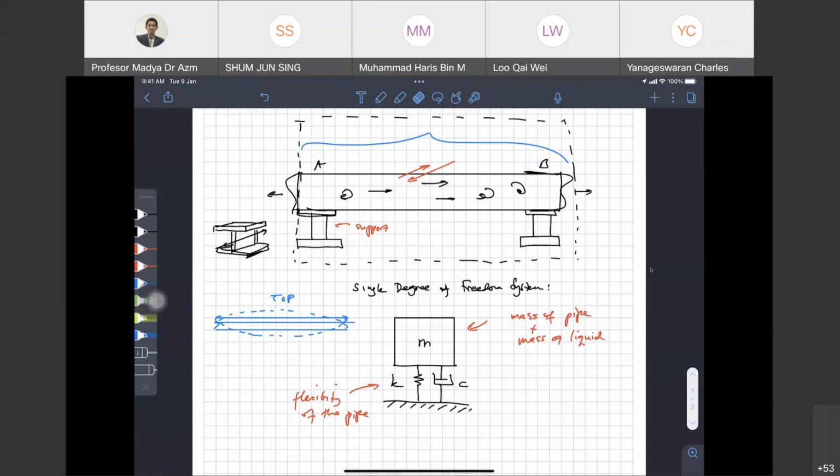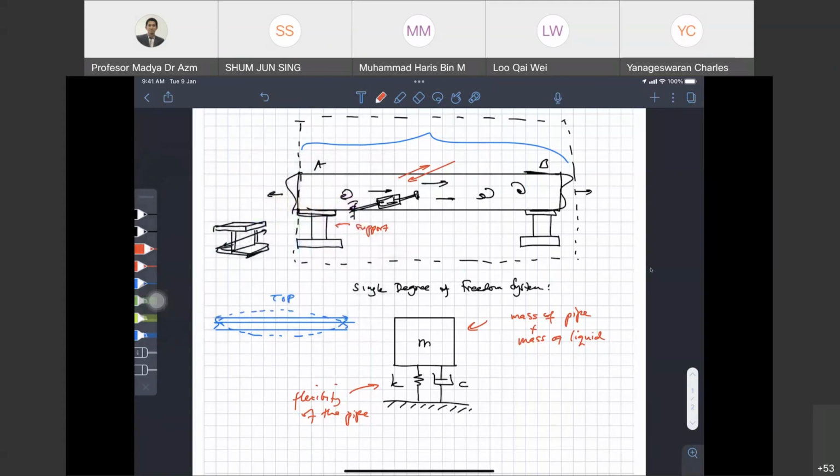Okay, so one of the vibration controls in pipes is they put in a snubber. Snubber is like a shock absorber. So if the pipe is moving horizontally, then they will put something like a piston to absorb the vibrations of the pipe in the horizontal direction.